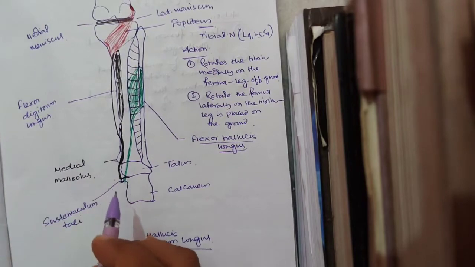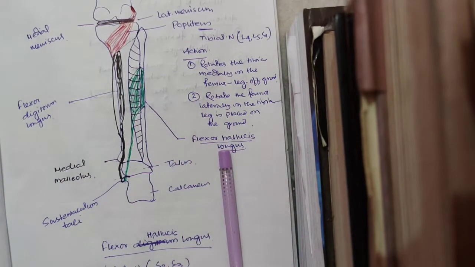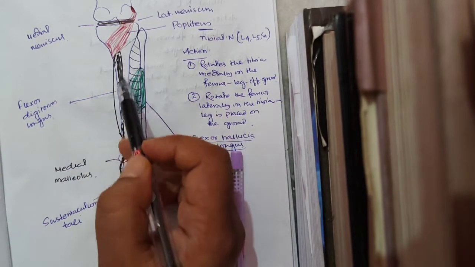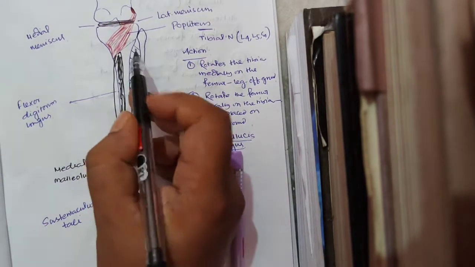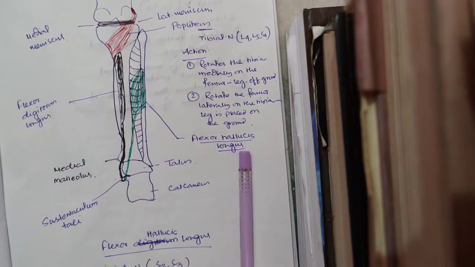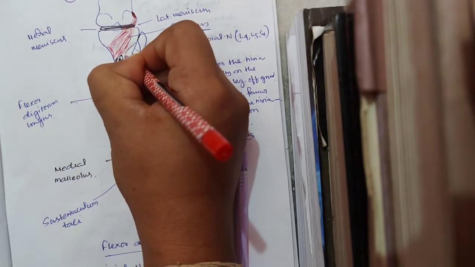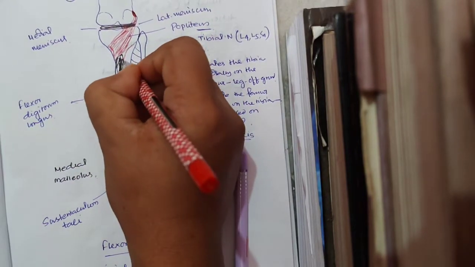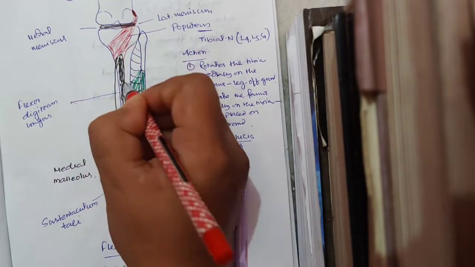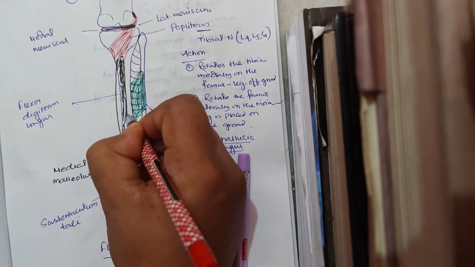The first one is the upper two-thirds of the lateral part of the posterior surface of the tibia, below the soleal line, the upper two-thirds of the lateral part of the posterior surface of the shaft of the tibia.